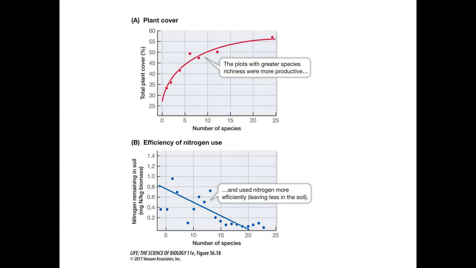They measured, within a given time period, how much total plant cover we had. How quickly did we get actual plant cover on that plot? What they saw is that the plots with greater species richness were more productive and had a higher percentage of total ground cover, illustrating the principle that you have a greater ability to bounce back from disturbance with more species.